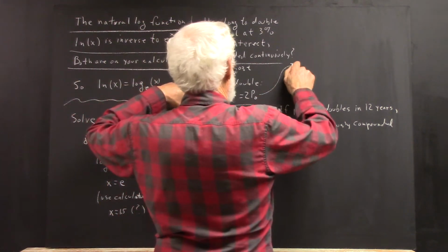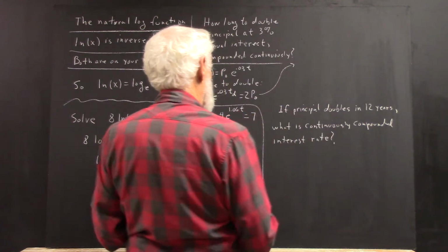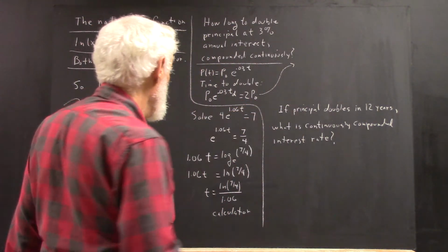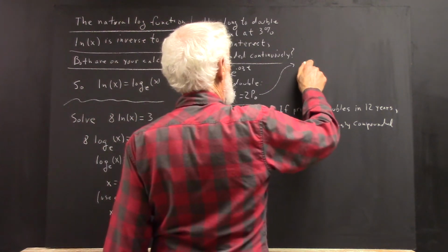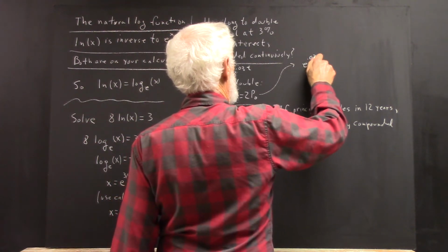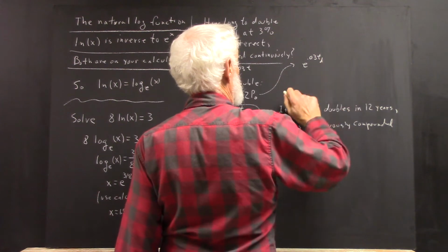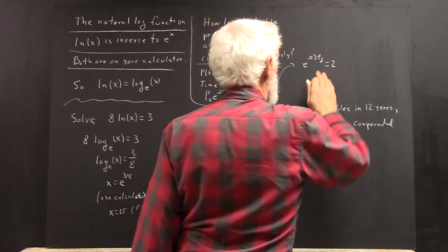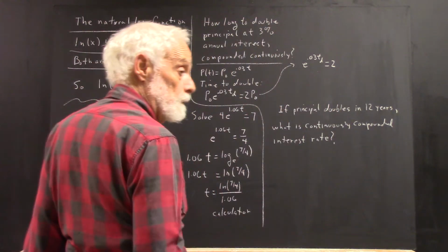Well, the equation is pretty easy to solve. If we divide both sides by P naught, we get e to the 0.03 t sub d. Again, t sub d stands for the doubling time. And that's going to equal 2.